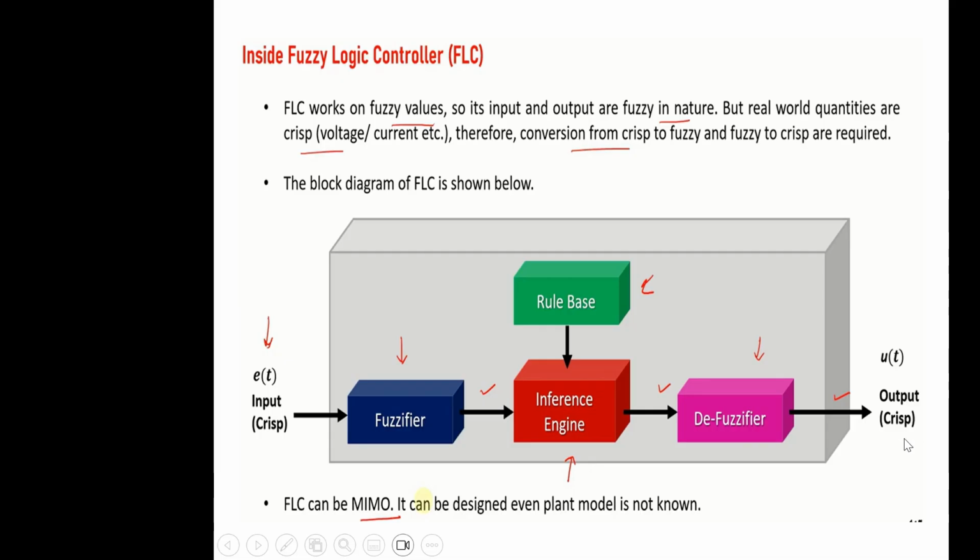Under normal circumstances, the crisp value that we obtain here will work on the plant, and the actual response that we are going to get will be approximately equal to the desired response. That is how the fuzzy logic controller works.